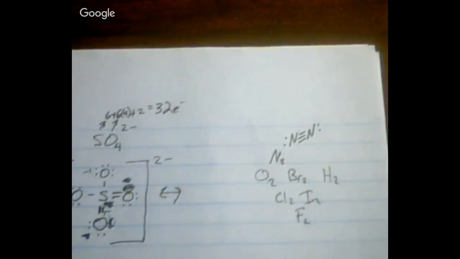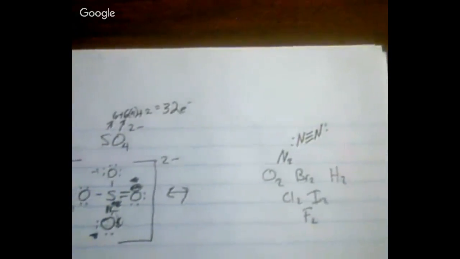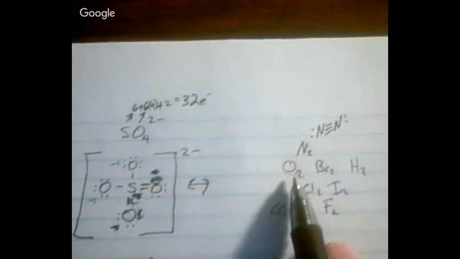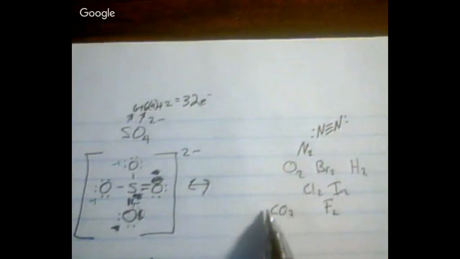The most common mistake is people memorize that and then they think, oh, when it's bonded with something, it's going to be two, and that's not true. Like CO2, it's not O2 because of the Brinkelhoffs. It's just the way it is when it shares electrons.